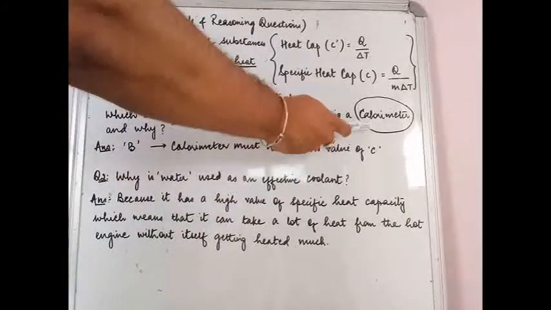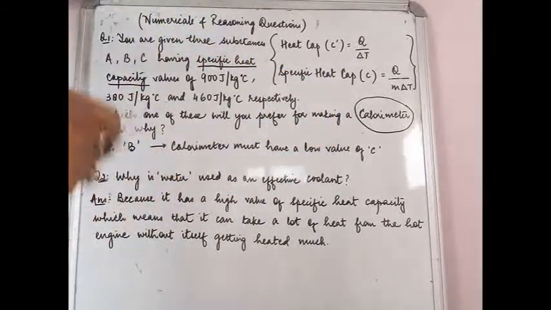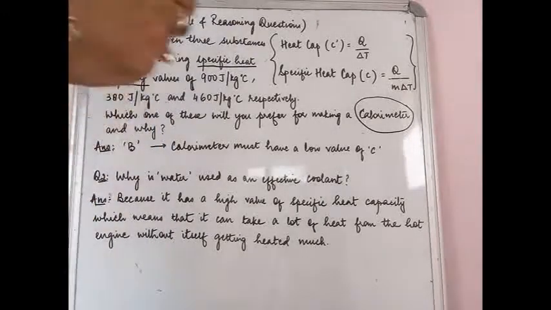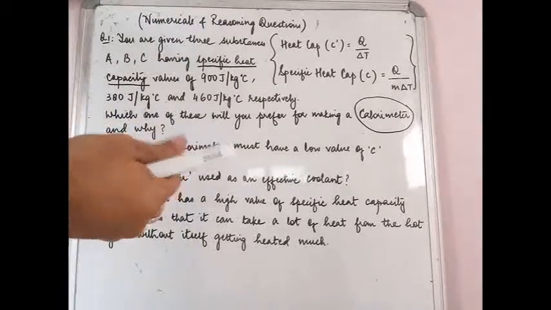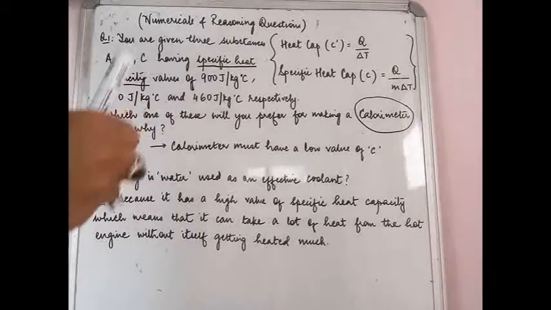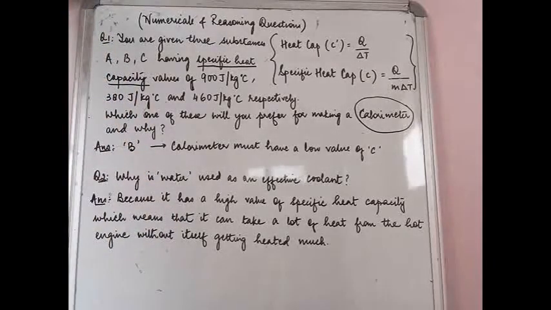So the material of the calorimeter also gets in touch with the bodies. So that means the calorimeter will also take up some amount of heat from the hot body. So it is very important that we choose the material of the calorimeter so that it takes up a minimum amount of heat. Okay, why? Because remember, the external disturbance or the external loss should be minimum.